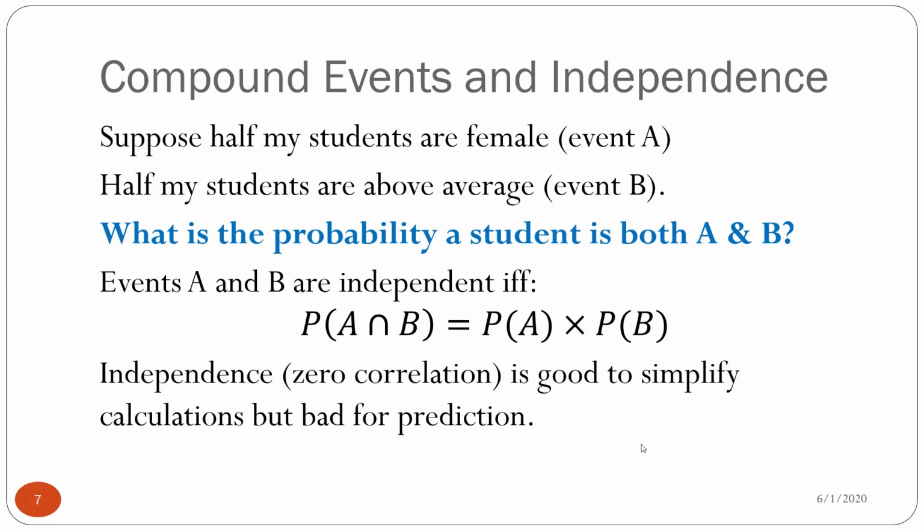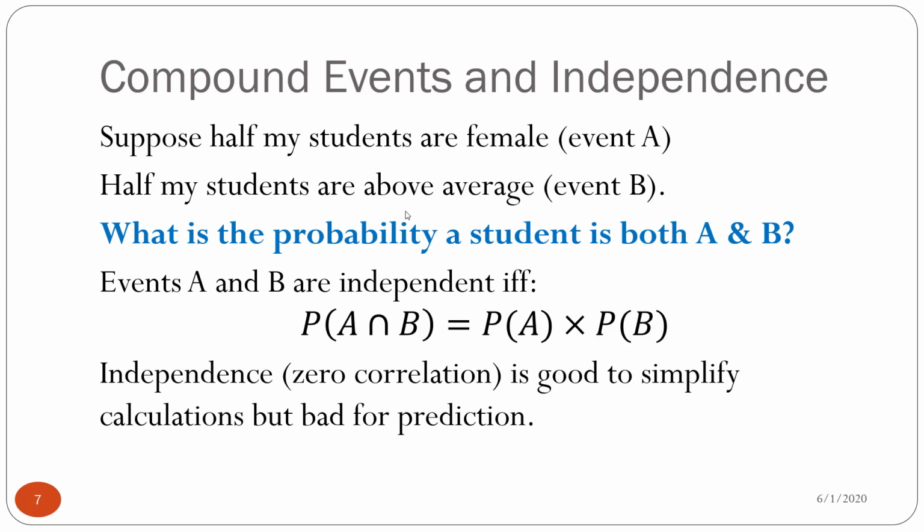The event B is that if you pick a student, the student is above average in performance. Again, we are making an assumption that we have an ideal situation, in the sense that half of the students are male and the remaining half are female, and half of the students are above average and half are below average.